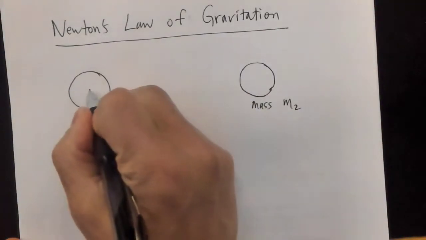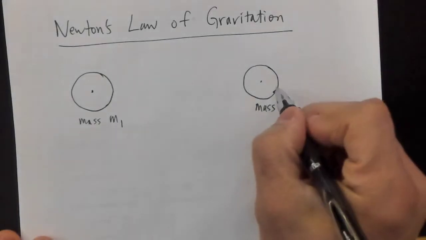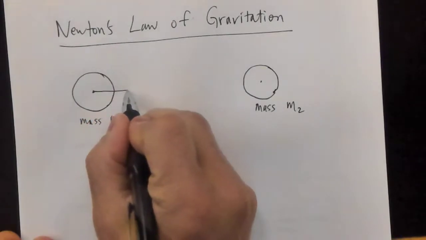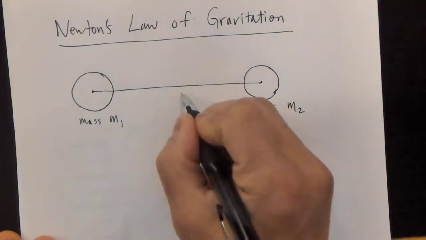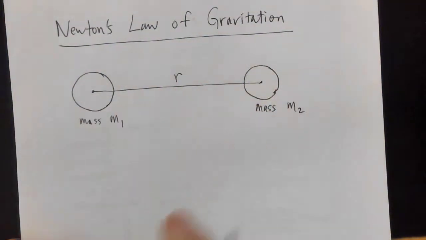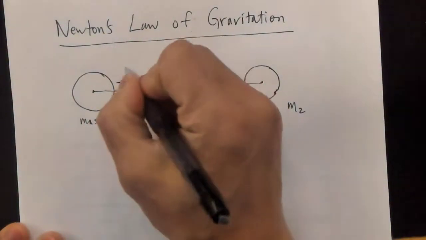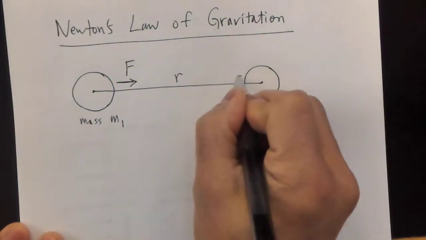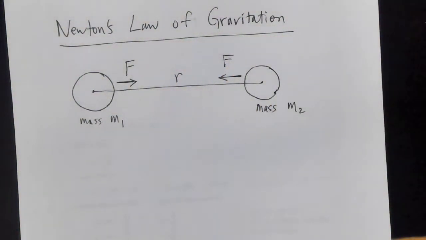Now if I go from the centers of these masses, I'll make them nice spherical objects so it's not complicated, and I measure the distance between the centers of these spheres, let's say that distance is r between them. Then there's going to be an attractive force going like this, F, in this direction, and another force going in the opposite direction that pulls them together.